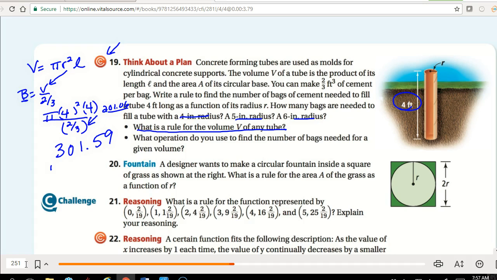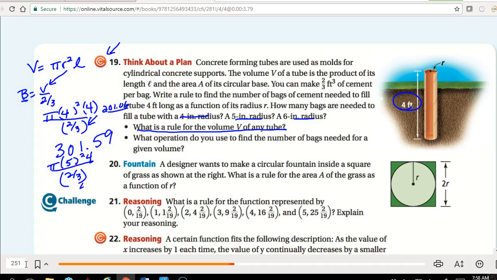Then you would repeat that process. It would be pi times 5 squared times the length divided by 2/3, and that would tell you what it would be for 5. So again, pi on your calculator times 5 squared times 4. Go ahead and press enter, and then divide by parentheses 2/3.